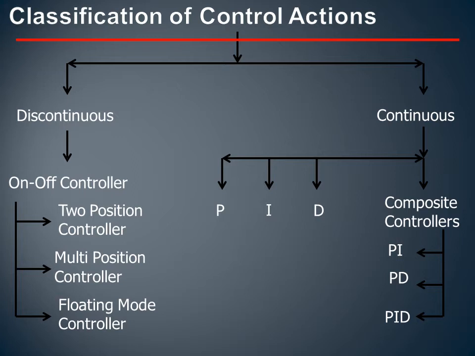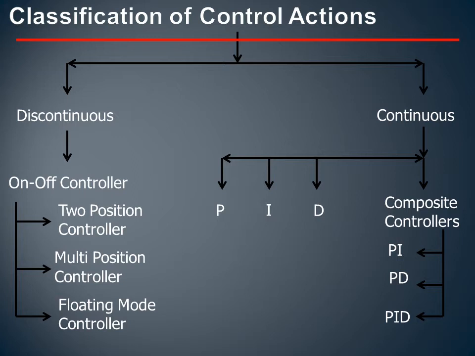The continuous control actions are having three actions. The first is P, that is proportional control action. Second is I, that is integral control action. Third is D, that is derivative control action. Again, in the continuous mode, there are composite controllers.